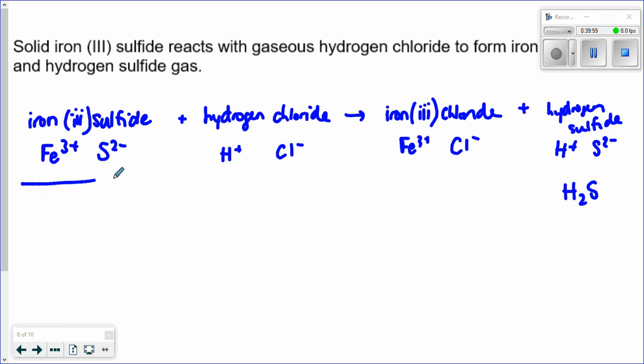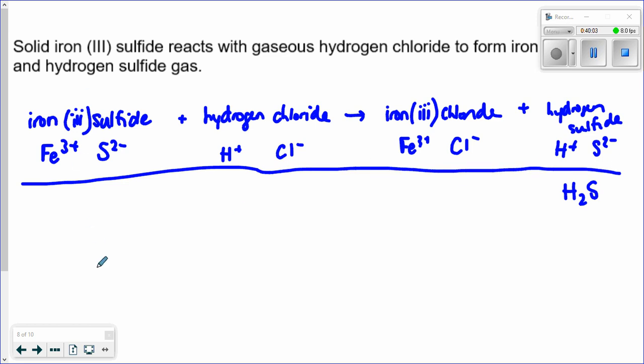So once we've done this step, now trying to write our actual chemical equation for it. So 3 positive, 2 negative. So we know we're going to need Fe2S3. So 2 times 3 plus is 6 positive. 2 negative times 3 is 6.